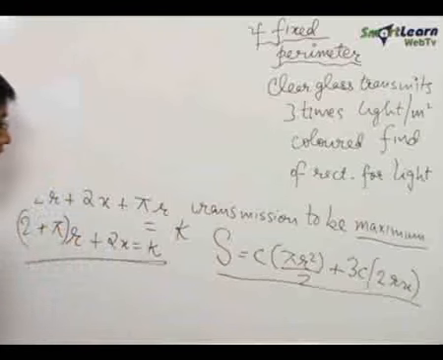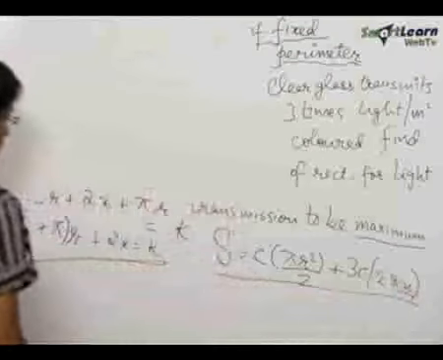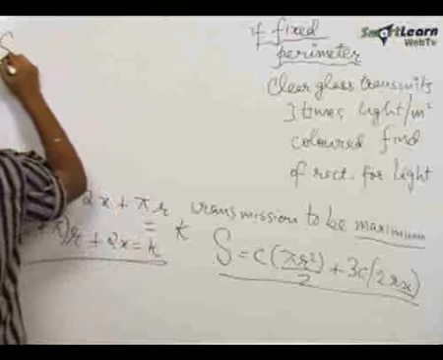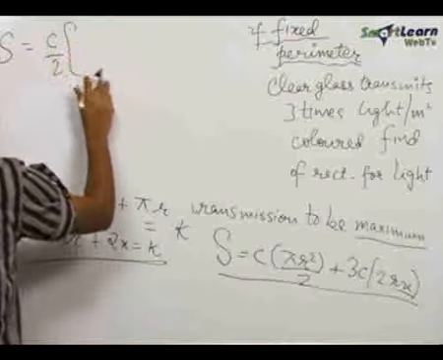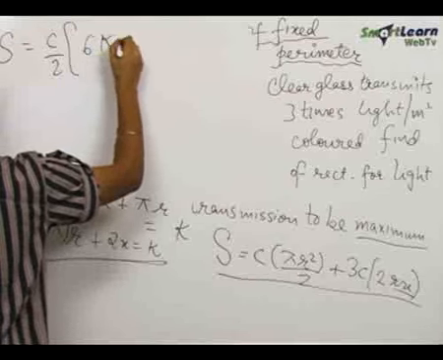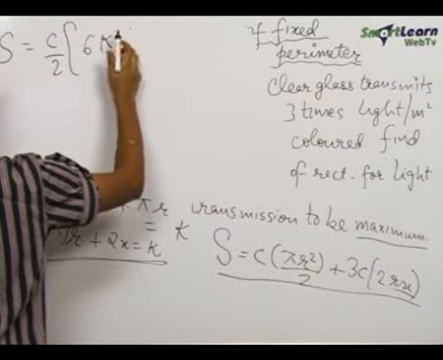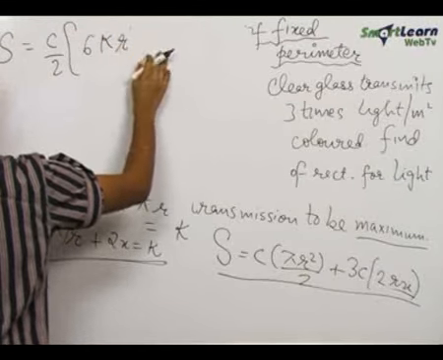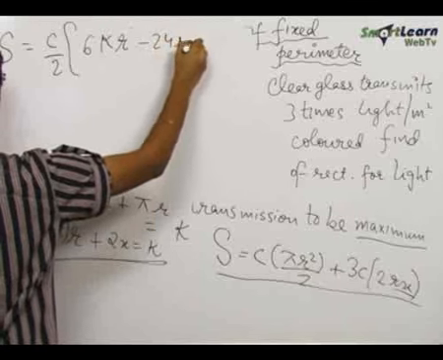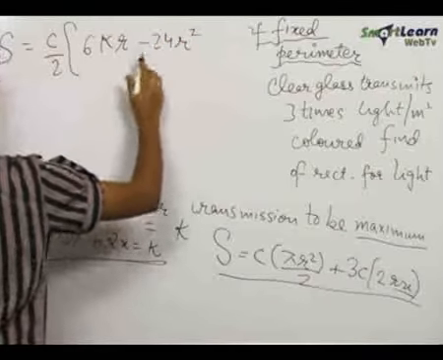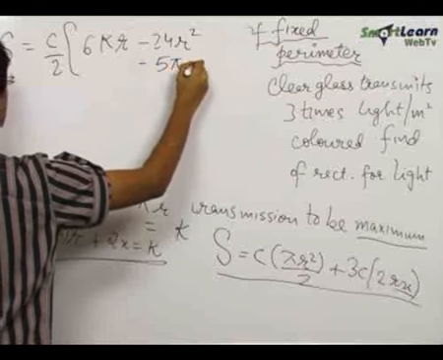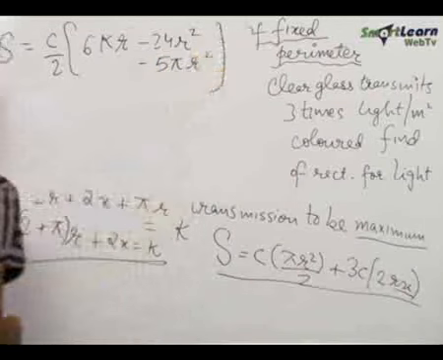What we will do is, we will put x in terms of r to get total light as C by 2 times 6kr minus 24r square minus 5 pi r square.